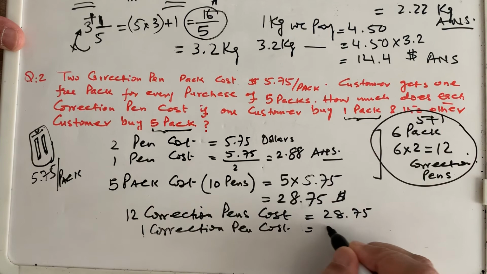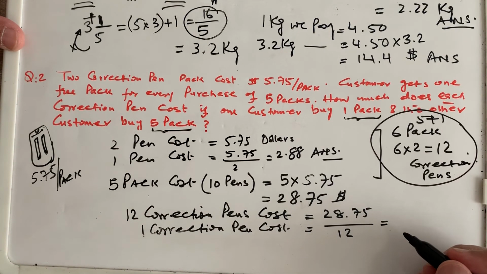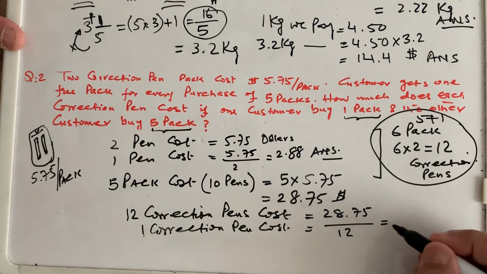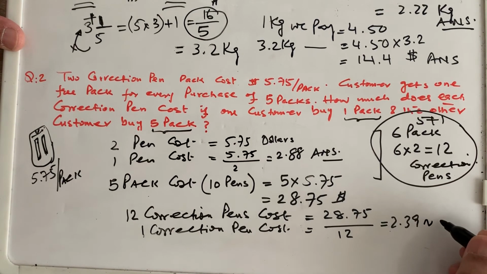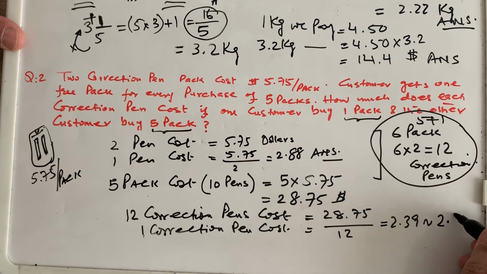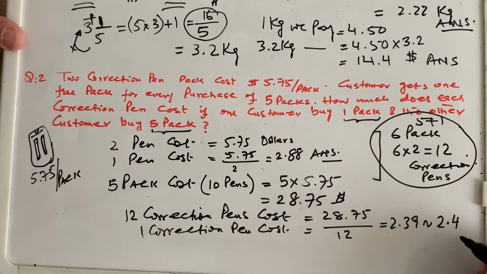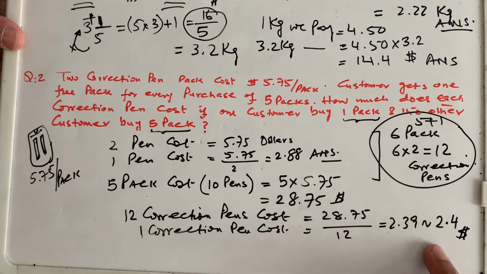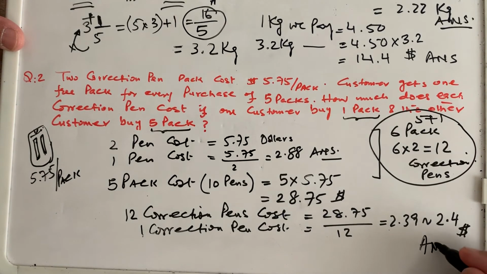So we have to divide it by 12 to get the value of one correction pen. So when you divide, 12 times 2 is 24, 2.39, or we can say, rounding it off to one decimal place, will bring you $2.4. So here the cost of one correction pen is $2.4, which is your answer.